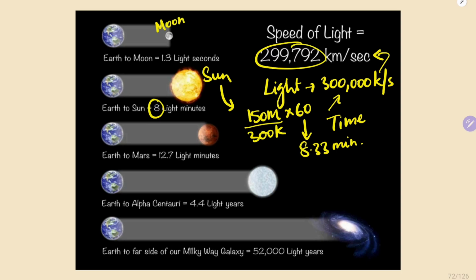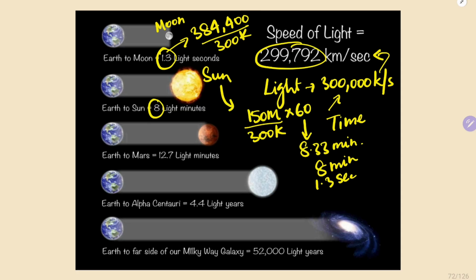Similarly, the moon's light takes 1.3 seconds to reach our Earth, as the moon is around 384,000 kilometers away from the Earth. This means that when we see the sun or the moon, we are actually seeing them in the past. That is, the sun as it was 8 minutes ago and the moon as it was 1.3 seconds ago.